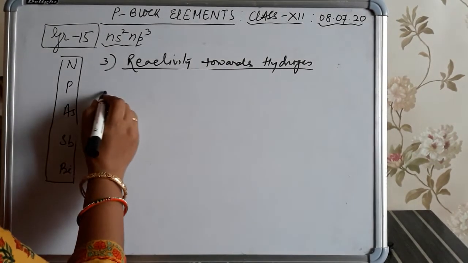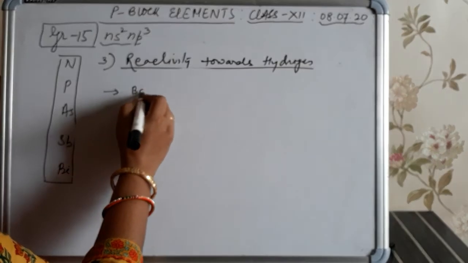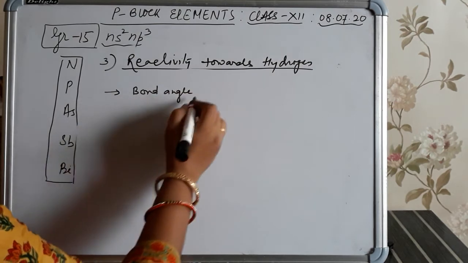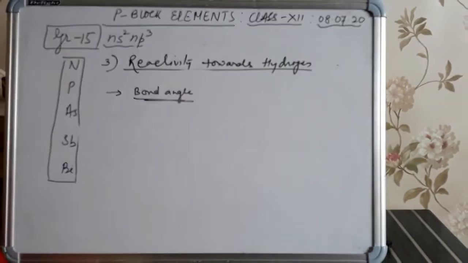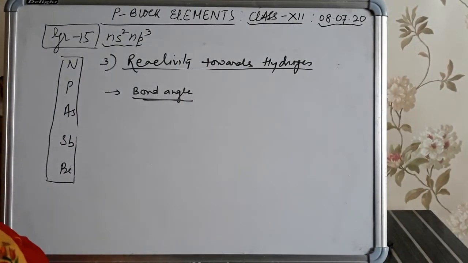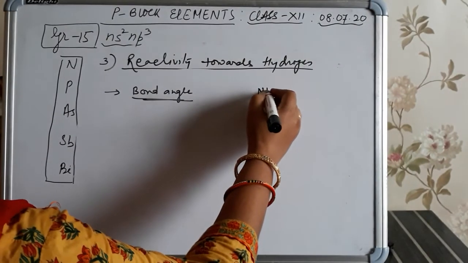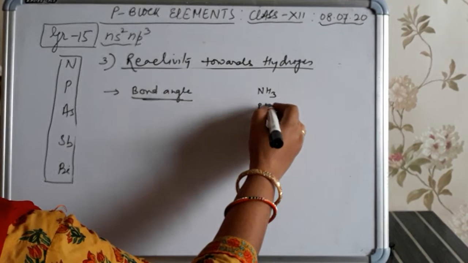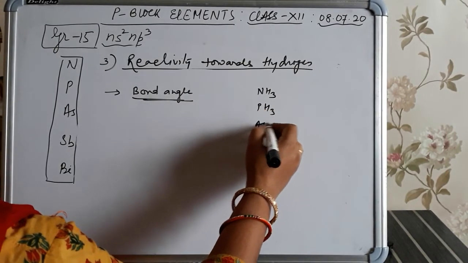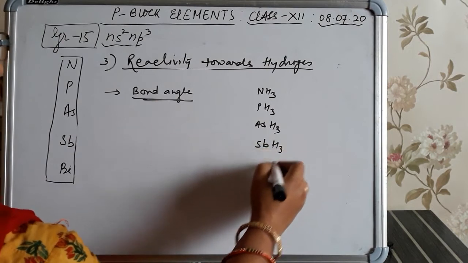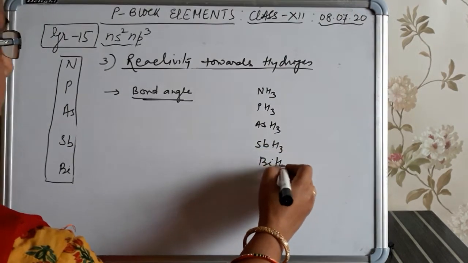At first we discuss the bond angle. As we know, down the group electronegativity decreases. Suppose we have NH3, PH3, AsH3, SbH3 and BiH3.